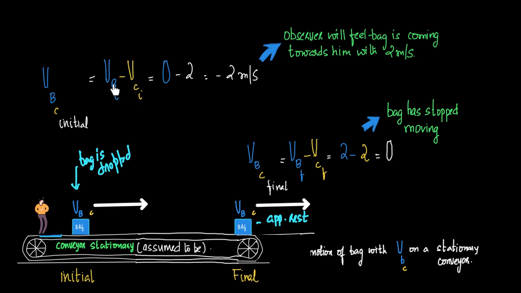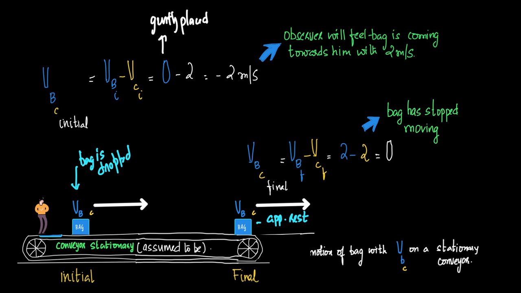Now what is the velocity of bag initial? We know it is 0. Why? Because it has been gently placed, right? When it is gently placed, the velocity is 0, but velocity of conveyor initial is 2, because the conveyor is moving with a constant velocity of 2 meters per second. Therefore, velocity of bag with respect to conveyor initial would be 0 minus 2, negative 2 meters per second.